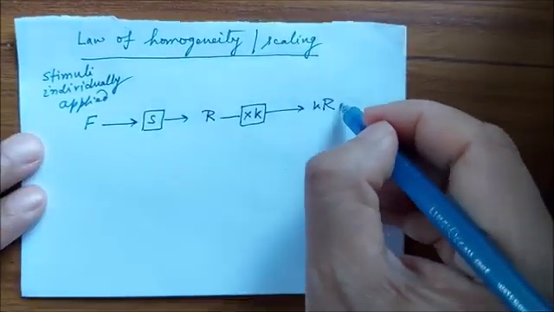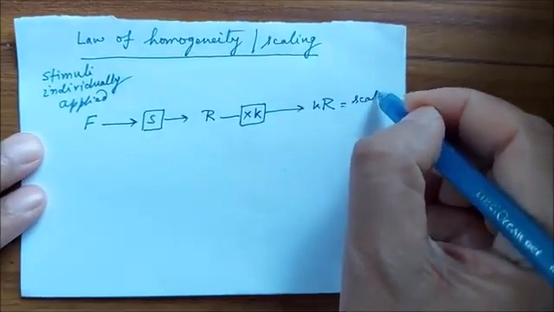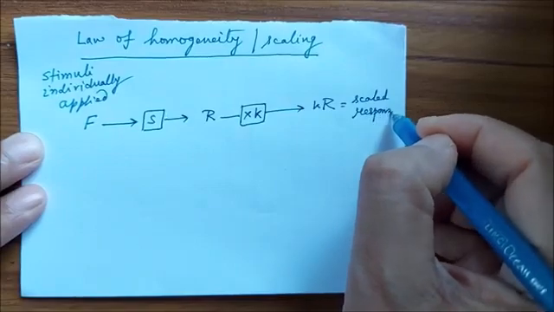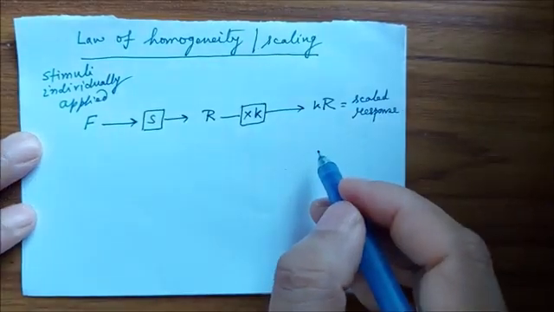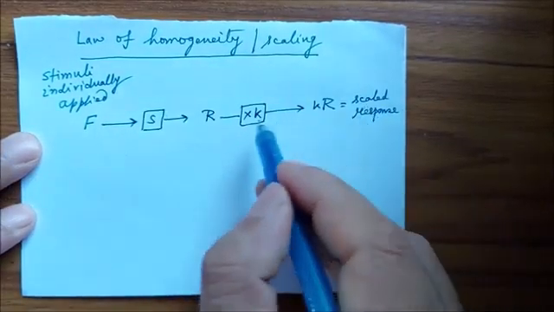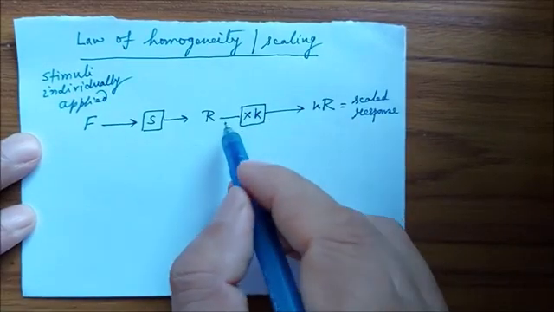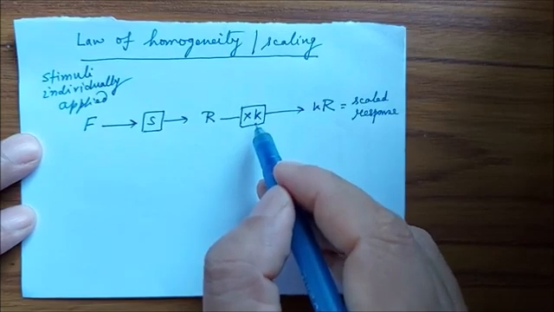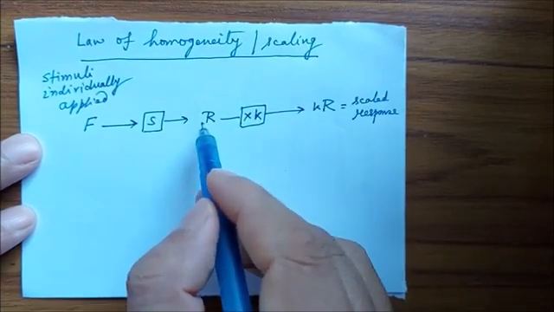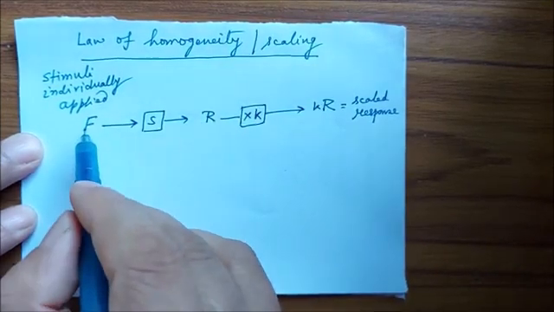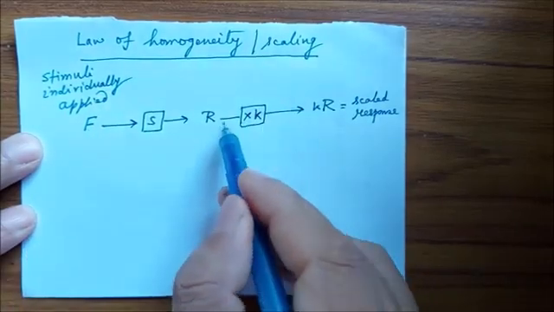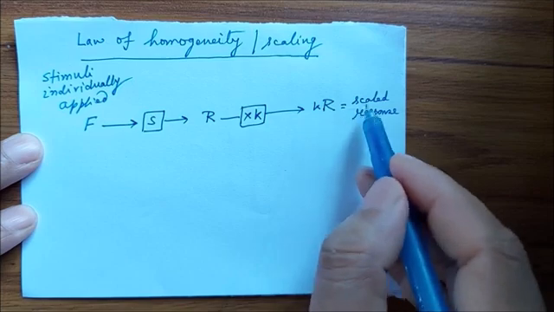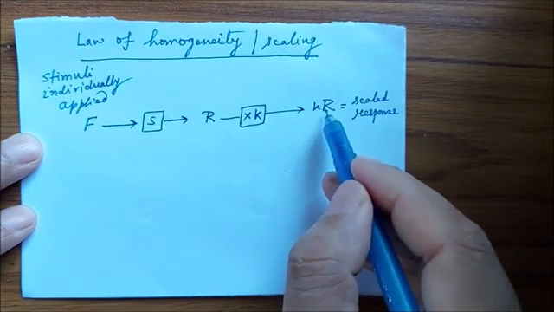So this is the scaled response. We have multiplied the response by a scaling factor, and therefore the response was actually R corresponding to the stimuli F, but we have scaled the response, and therefore we got the scaled response as K into R.